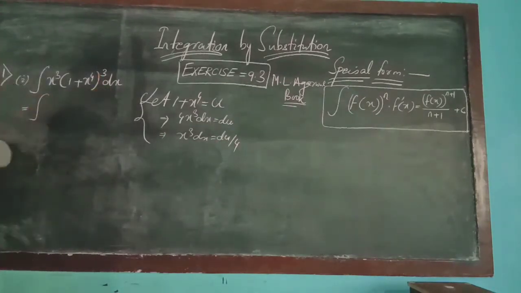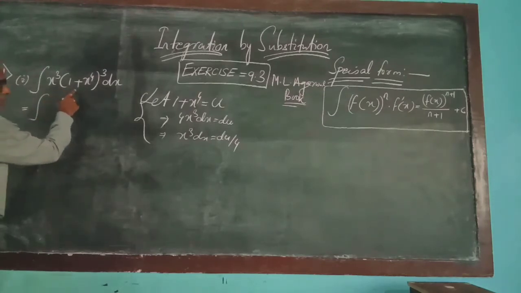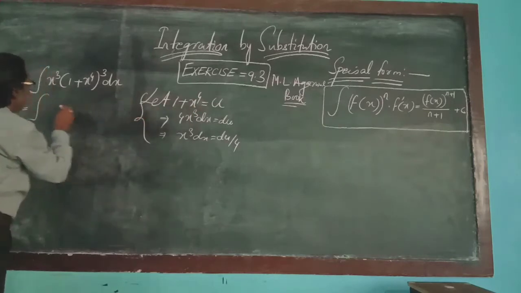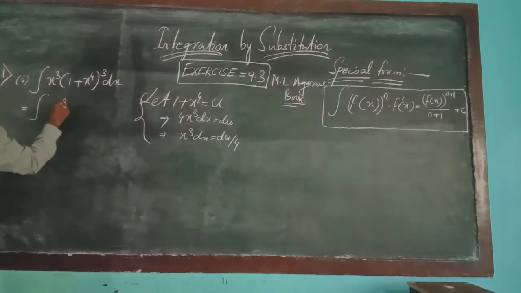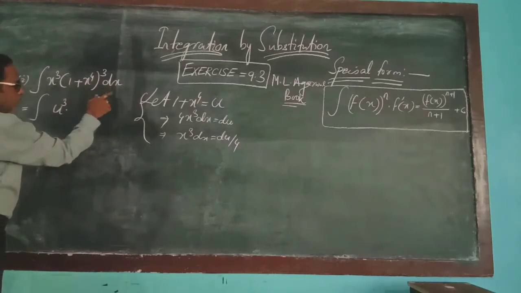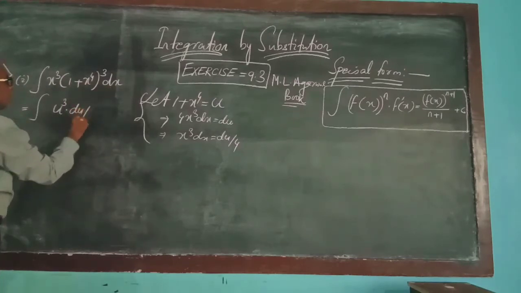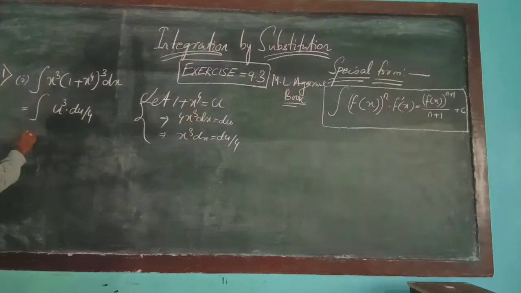After that, you put the value of x cube dx as du by 4. The function will be changed like this: 1 plus x to the power 4 is equal to u, so this will be u cube, and x cube dx is equal to du by 4. This 1 by 4 is taken outside of integration.